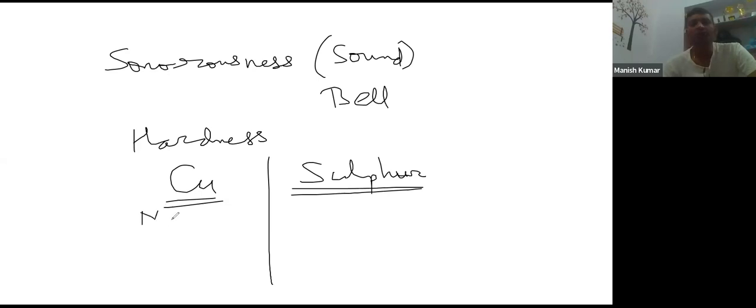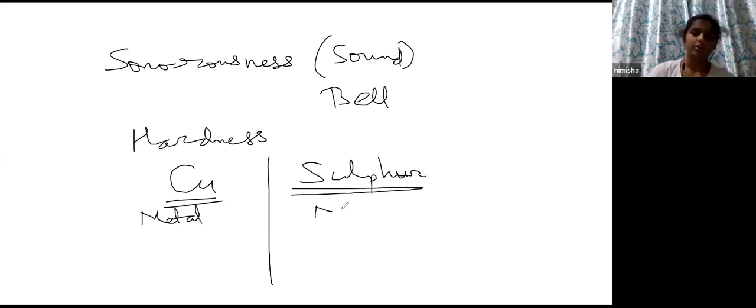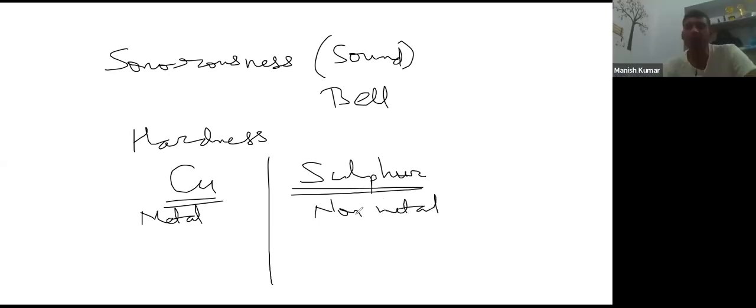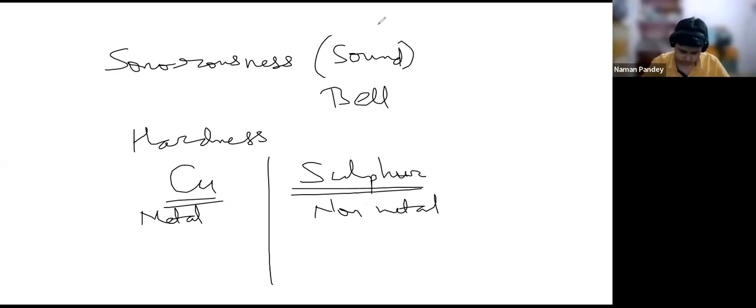See, copper is a metal and sulfur is a non-metal. So if you know the difference between them characteristically, then you can easily write all these factors which we were discussing. You should not be alarmed or surprised in such questions. You have to just see whether they are metals or non-metals. Okay, understood?